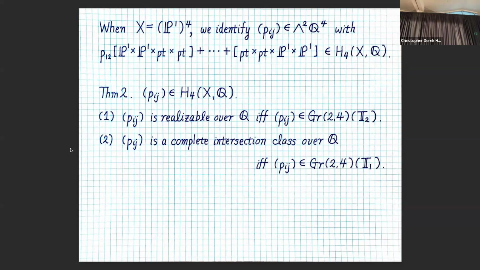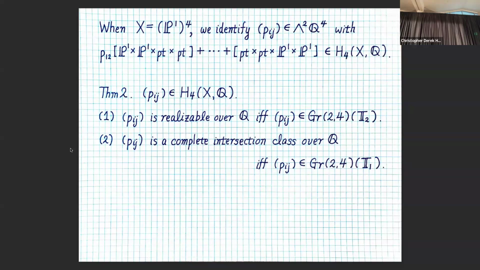And as a side remark, it is interesting to compare this to the characterization of complete intersection classes over Q inside P1 to the 4. Those are surfaces that can be defined by two equations. I haven't defined precisely what a complete intersection class over Q is, but you can imagine what it is.